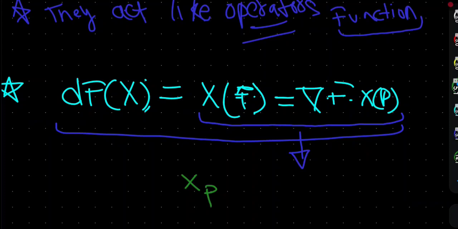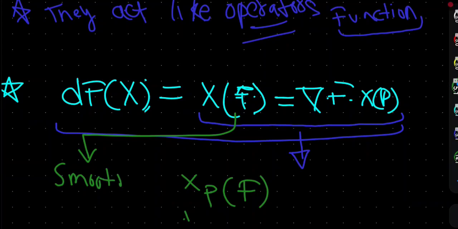When you act this tangent vector on a function, the function should be smooth.